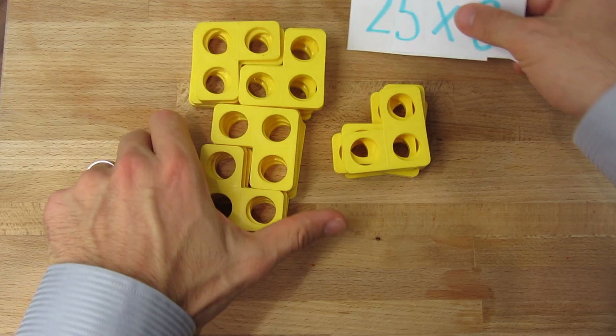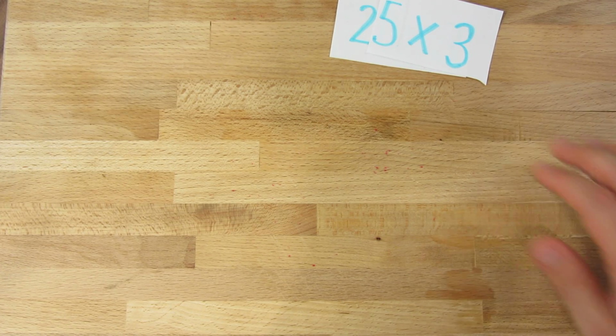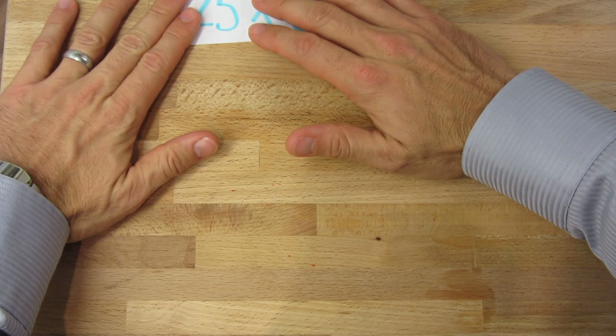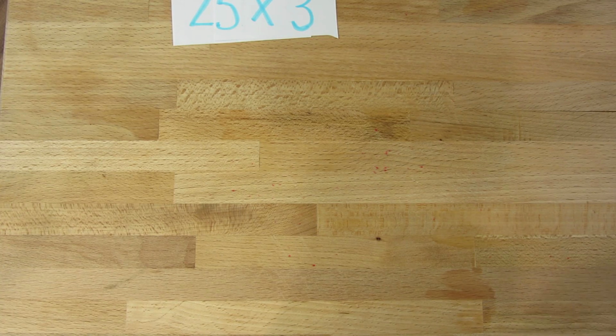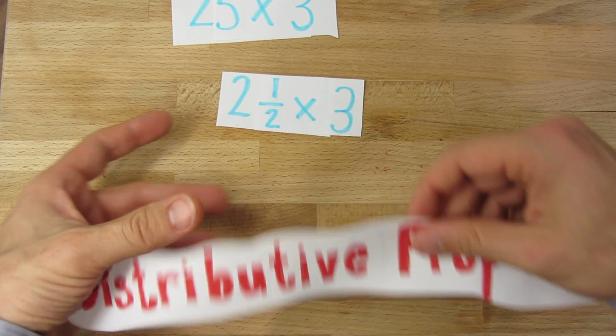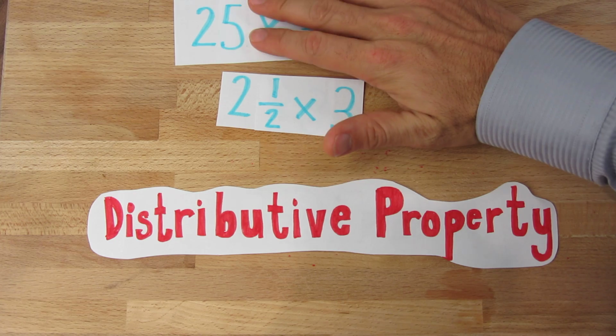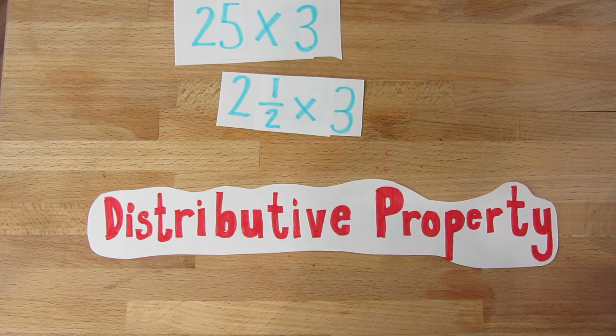And if it works for numbers like that, I wonder if it works in other examples, such as 2.5 times 3. Maybe we could use the distributive property and splitting numbers for numbers like 2.5. How would we do that, perhaps?